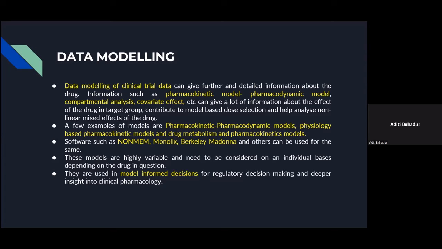And it's very difficult to understand a drug using only statistics, or only maths, or only, say, a t-test or an ANOVA. So here you go a little in depth and try to explain the drug in a mathematical way. So this is our chance to really understand different aspects of the drug. And yeah, so this is data modeling.